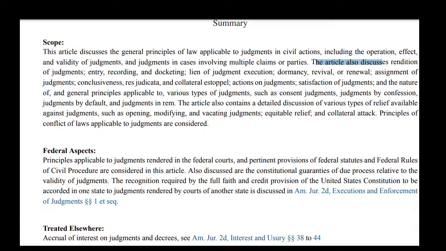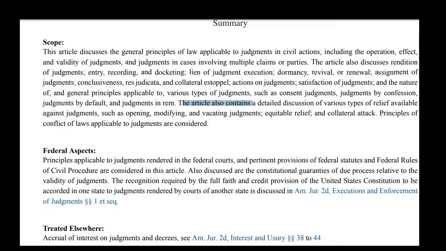The article also discusses rendition of judgments, entry, recording, and docketing, lien of judgment, execution, dormancy, revival or renewal, assignment of judgments, conclusiveness, res judicata, and collateral estoppel, actions on judgments, satisfactions of judgments, and the nature of and general principles applicable to various types of judgments, such as consent judgments, judgments by confession, judgments by default, and judgments in rem.